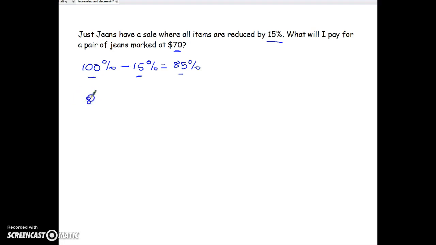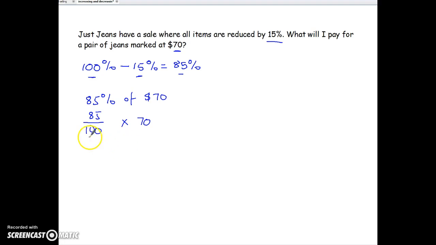So now our sum becomes 85% of the cost of my jeans, which is $70. Setting this up, 85% we know is 85 divided by 100, and "of" becomes times $70. Go to your calculator. I'm just going to stop for a minute.